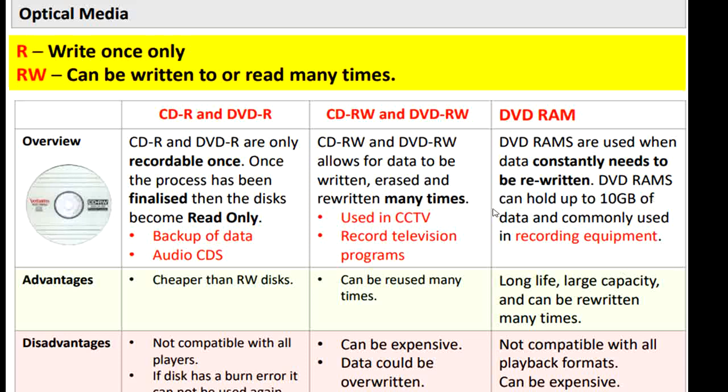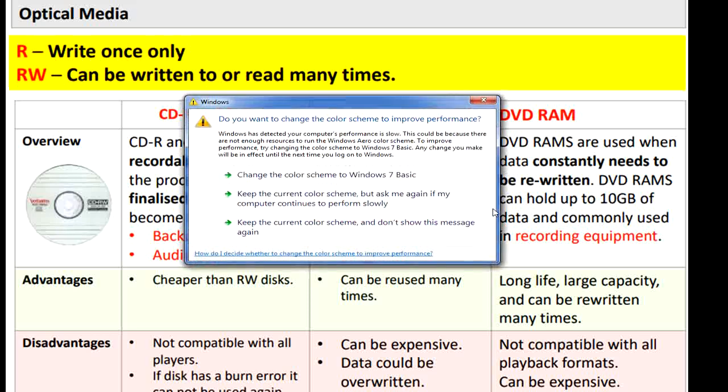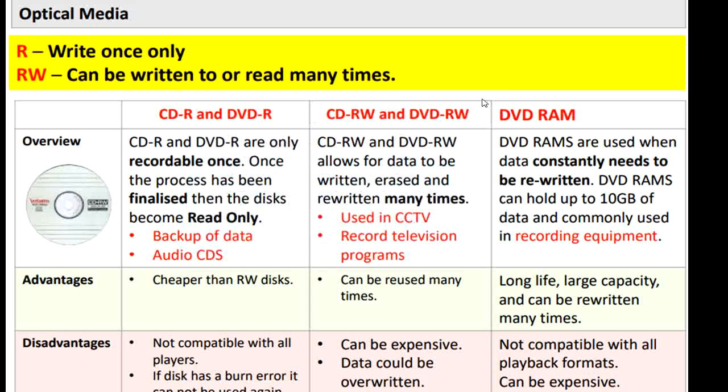Okay. That was a mistake during the session. I told you that CD is always write only. You can copy to them once, but we're having a kind of CDs that has the word RW for read and write.